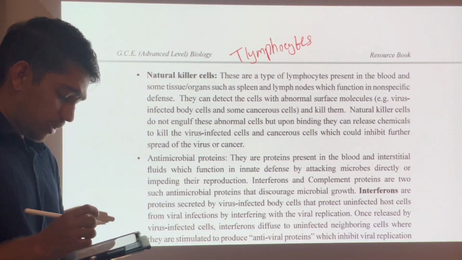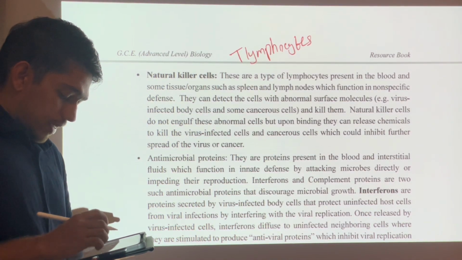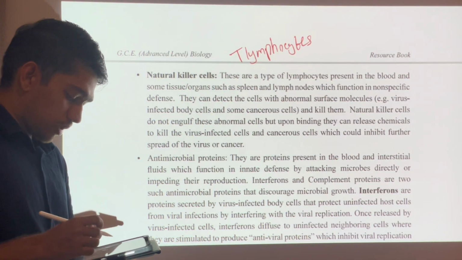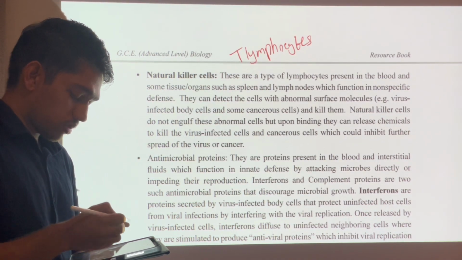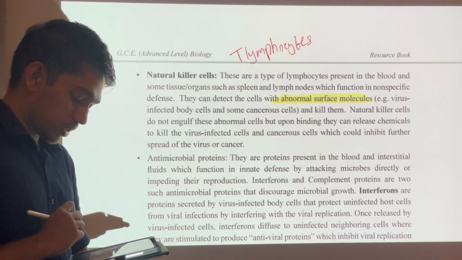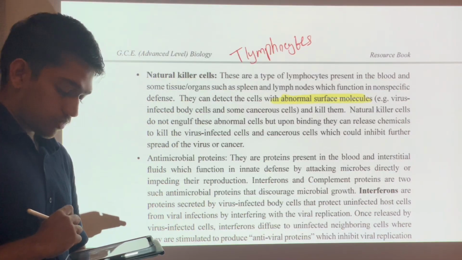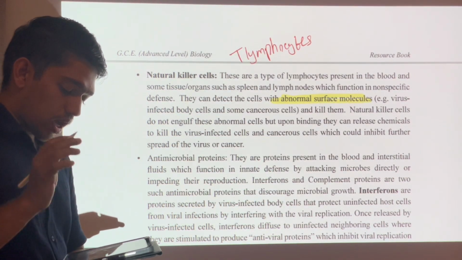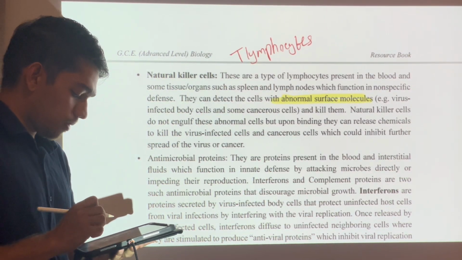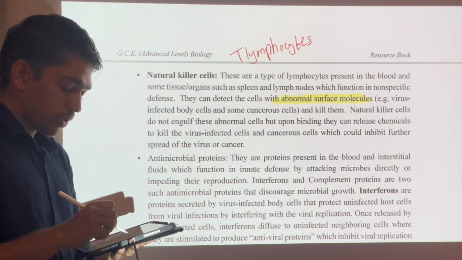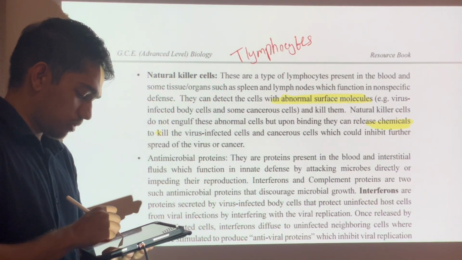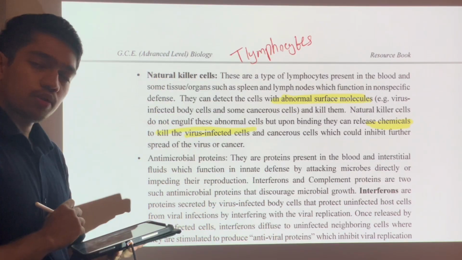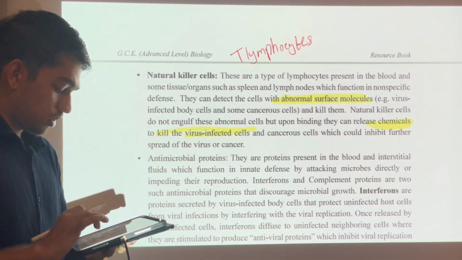They can detect cells with abnormal surface molecules, depending on surface receptors, and they can kill them, right? So they are not killing these cells by phagocytosis, but they are using certain chemicals to kill the virus infected cells, right? So that is natural killer cells.